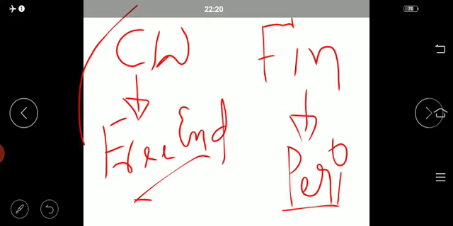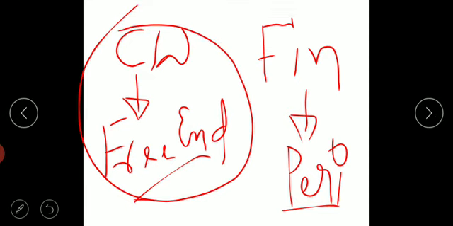In composite wall, free end convection is happening only at the ends, means only at a particular node. What about the fin? Convection happens at the perimeter. That is the reason why the stiffness matrix for convection for the composite wall is different from the fin.